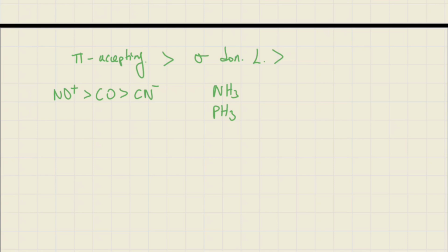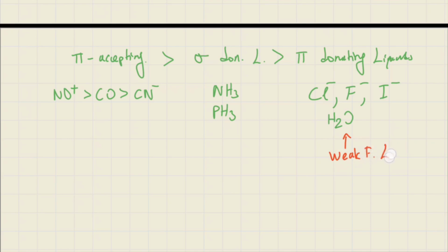And we have pi donating ligands, which is new for us, which are Cl minus, fluoride, iodide, maybe water, since water has two lone pairs, so it might be a pi donating ligand. So these ligands are weak field, so they cause low octahedral splitting, but pi-accepting ligands are strong field ligands.